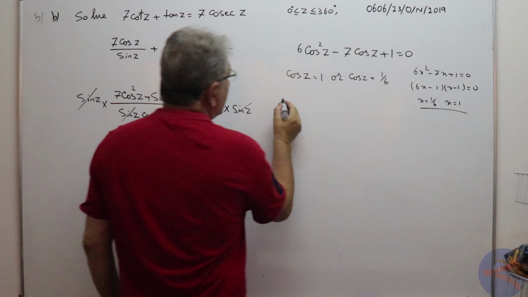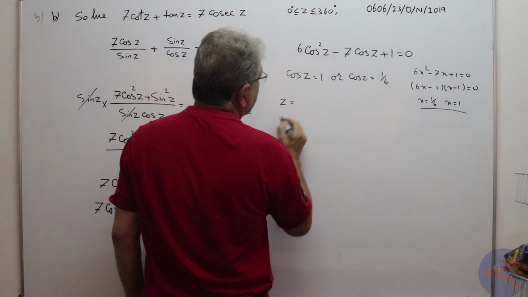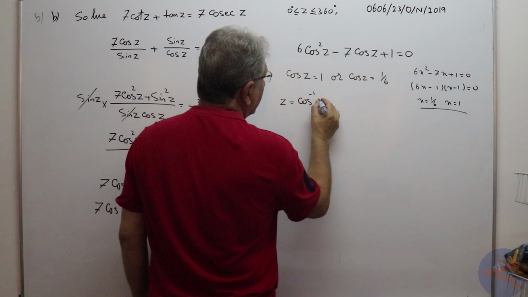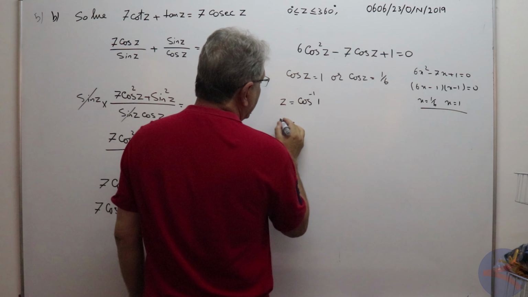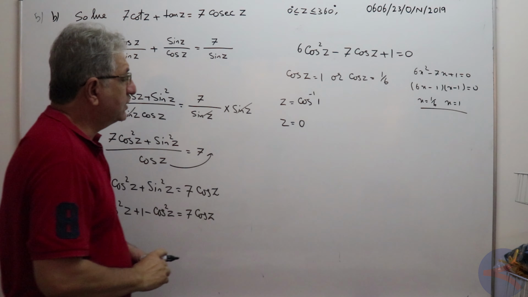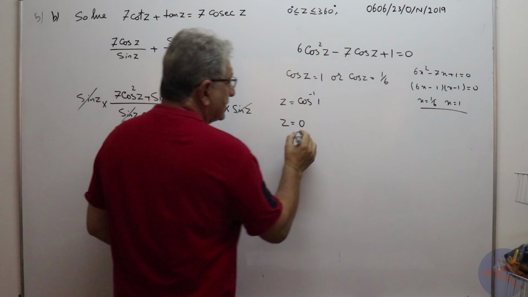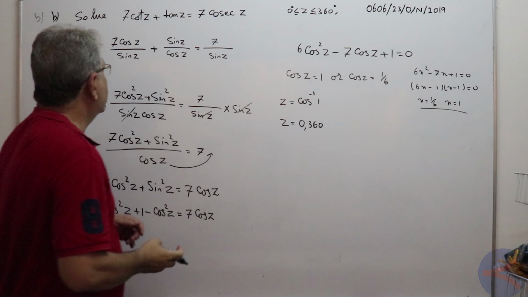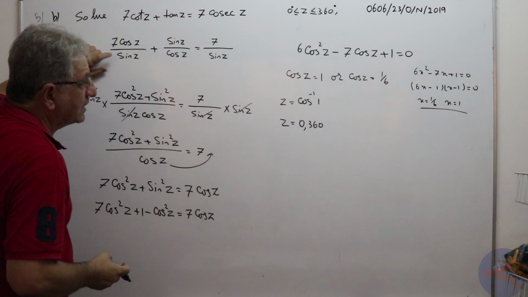Now from here you can say z equal to cos inverse of 1. Cos inverse of 1 is 0. You can get it from your calculator. It is 0, and the other answer is 360, but both of them are not valid because they make the denominator 0.